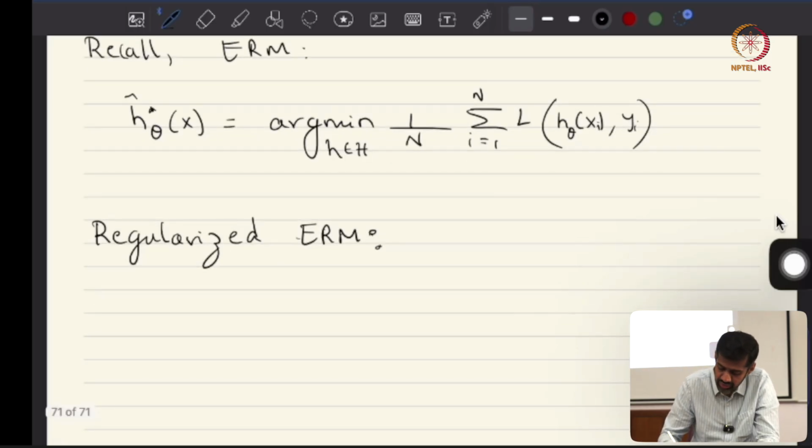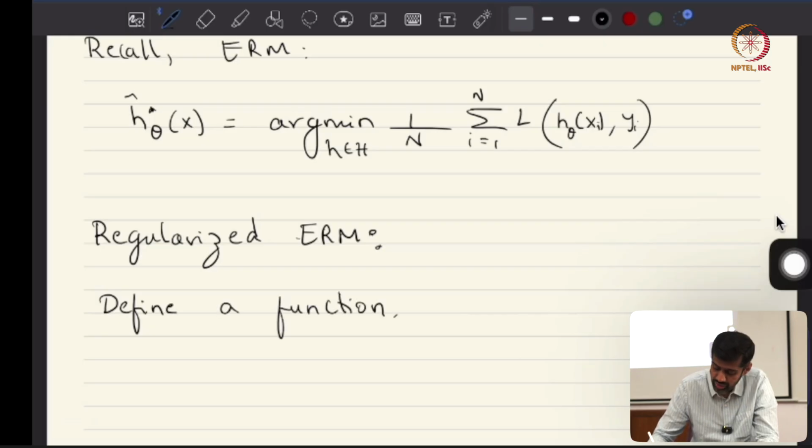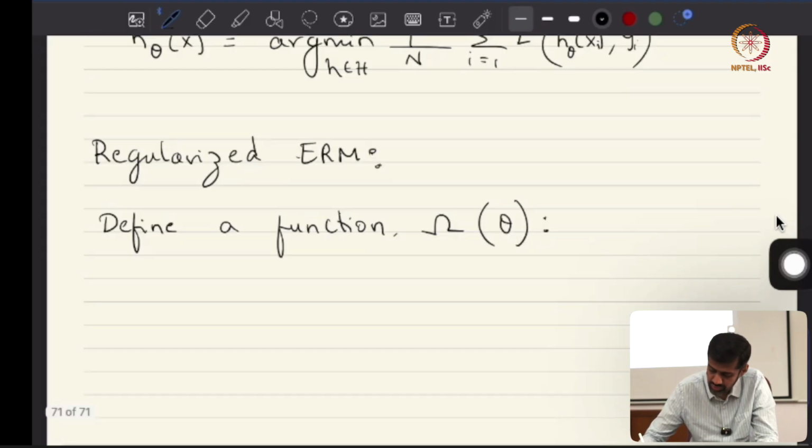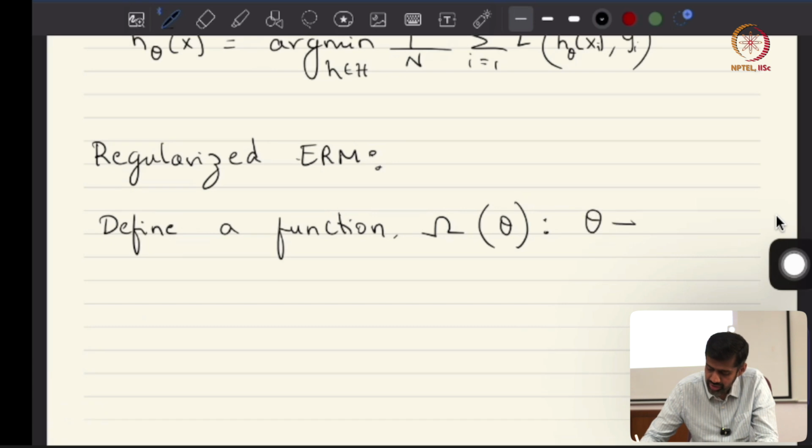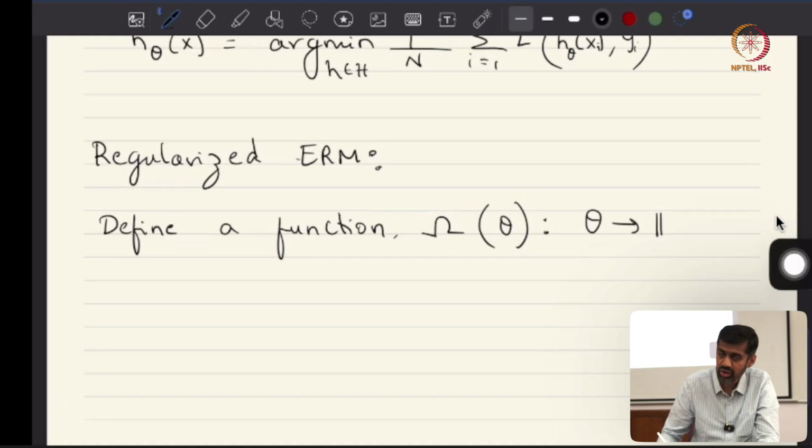Define a function omega of theta, which is a function from the parameter space to R plus typically, okay, and this is called the regularizer.